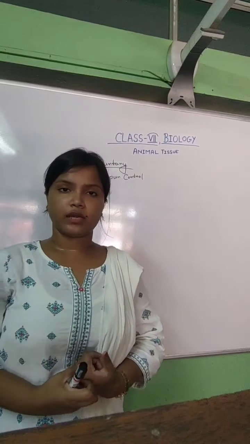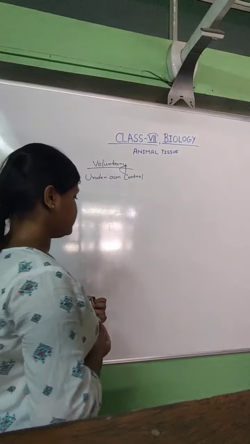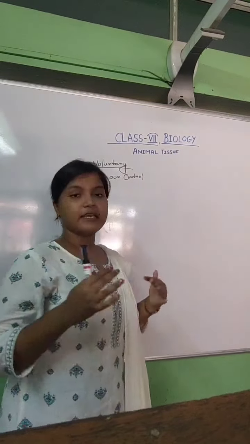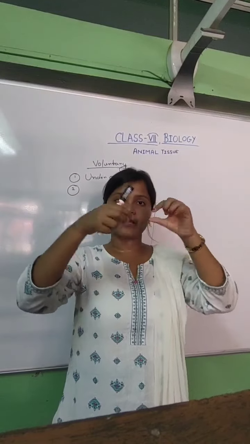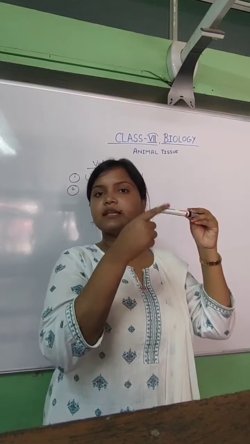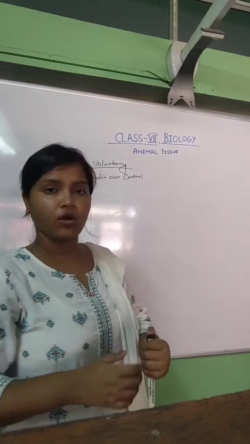So how does it look like? The structure would be cylindrical. Okay, long and cylindrical, like a cylinder. This marker also resembles a cylinder. So it looks like a cylinder and it is long.